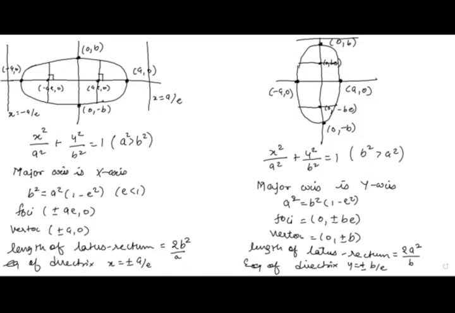One will be over here and one will be over here. This is y is equal to minus b by e, whereas this is y is equal to plus b by e. You will have two directrix. Right.